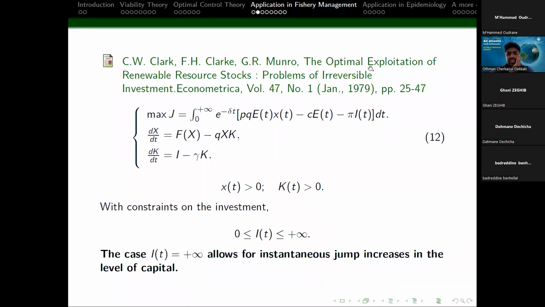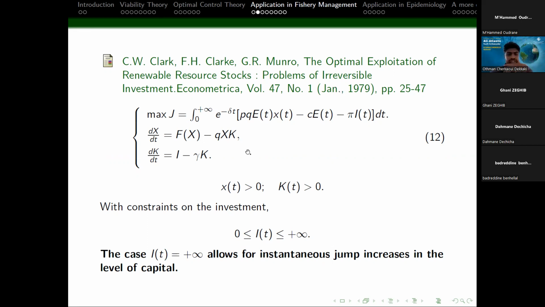And they had an article called The Optimal Exploitation of Renewable Resource Stocks. And actually, what they did in 1979 is they had a problem of maximizing a profit, like you see here. There's the profit, meaning they PqEx minus cE minus pE.